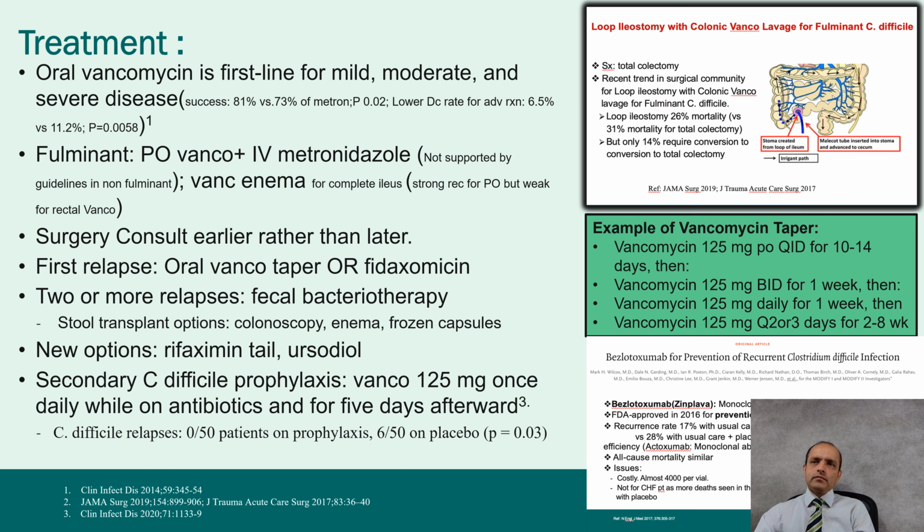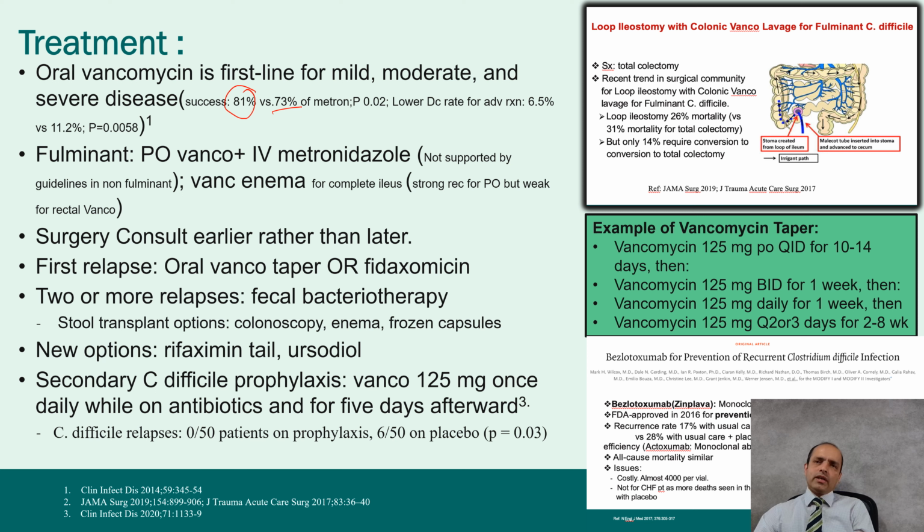Talking about treatment, oral vancomycin is the first line for all forms of disease, mild, moderate, severe, because the success rate is 81% versus 73% for metronidazole. Also, the discontinuation rate is lower with vancomycin, just 6% versus 12% for metronidazole.